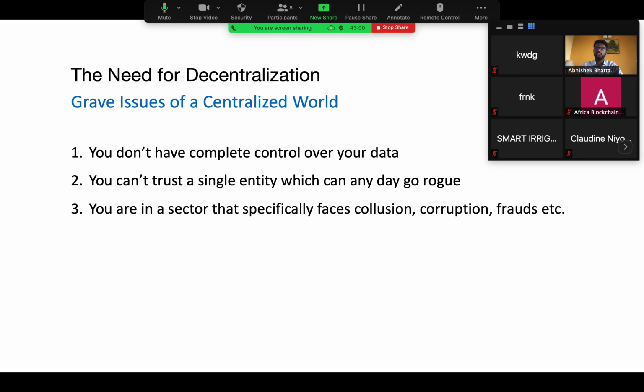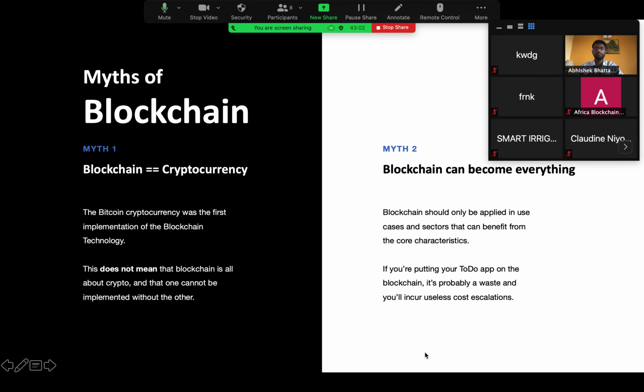So we have to be ultra sure that we are implementing blockchain technology in use cases where the need is fulfilled by one of the core characteristics of blockchain itself. We have to make sure that we are not just picking any solution and implementing blockchain technology in it just because blockchain is the hype word.